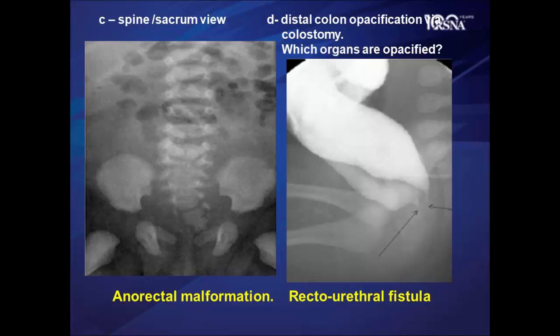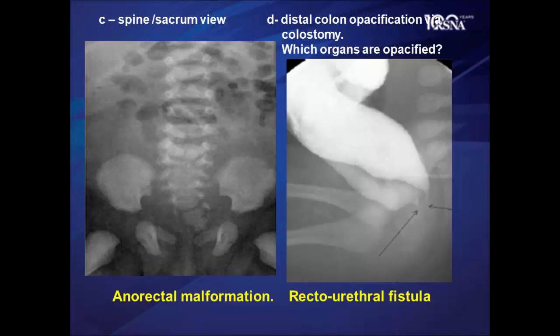This is another entity where one has to start doing extensive workup, because implication of a fistula has to be identified. This is recto-urethral fistula because the patient had colostomy. We opacify the distal loop and we demonstrate fistula.